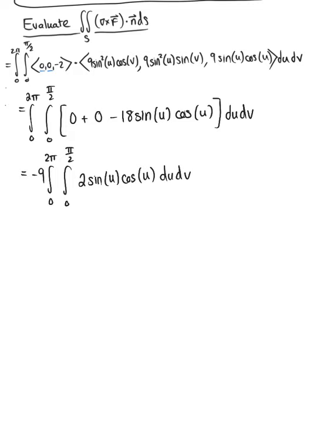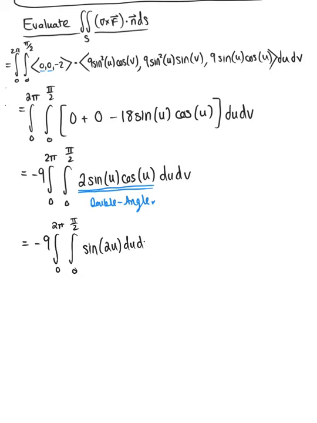Now you may be asking yourself, well, why did you do that? Well, I don't want to use u substitution, and this is the double angle formula. And so we can rewrite this now as the cute compact integral negative 9 times the integral from 0 to 2 pi, the integral from 0 to pi over 2 of sine of 2u du dv.